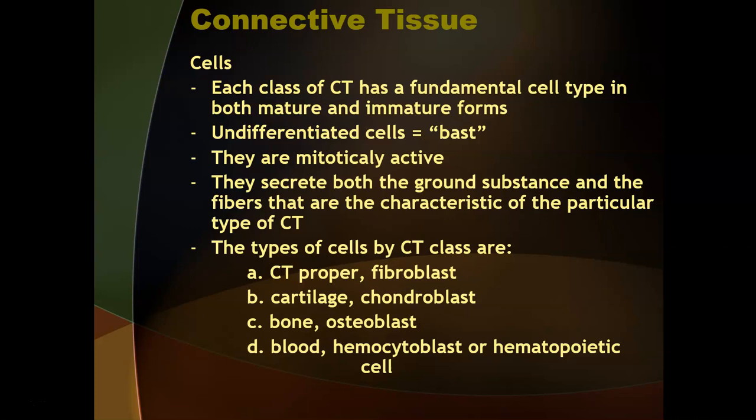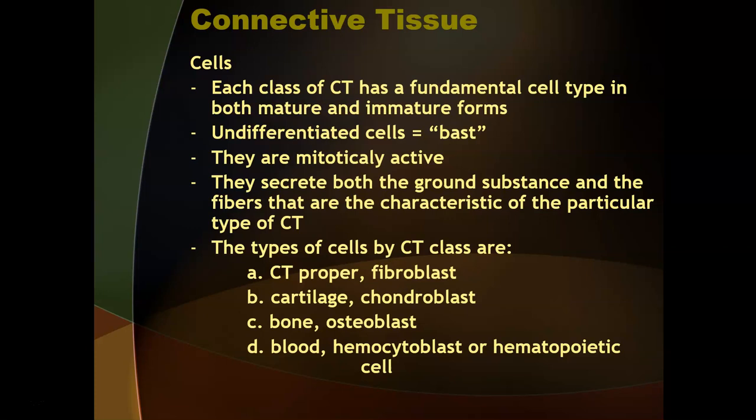So when we think about connective tissue being from very delicate to all the way liquid, we have different types of blasts within connective tissue. To make connective tissue proper, we have fibroblasts that are creating fibers. If we're wanting to make cartilage that we find on the ends of bones, then that is created by cells called chondroblasts. Chondro is cartilage.